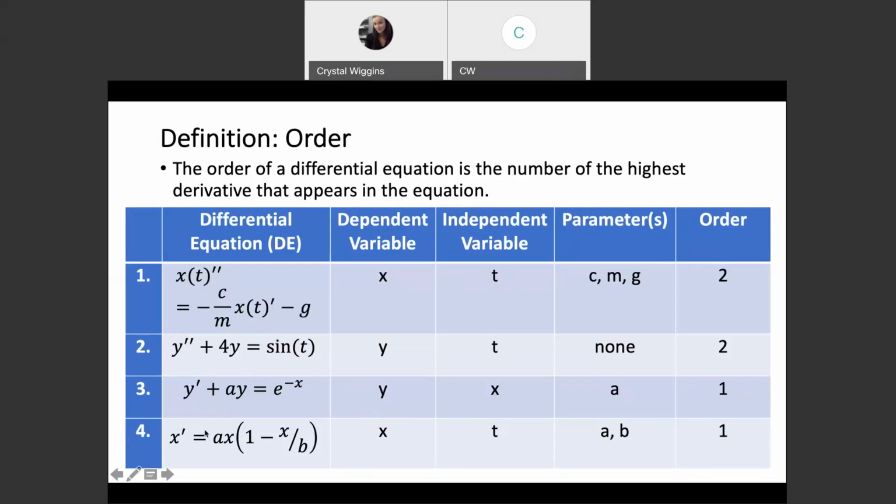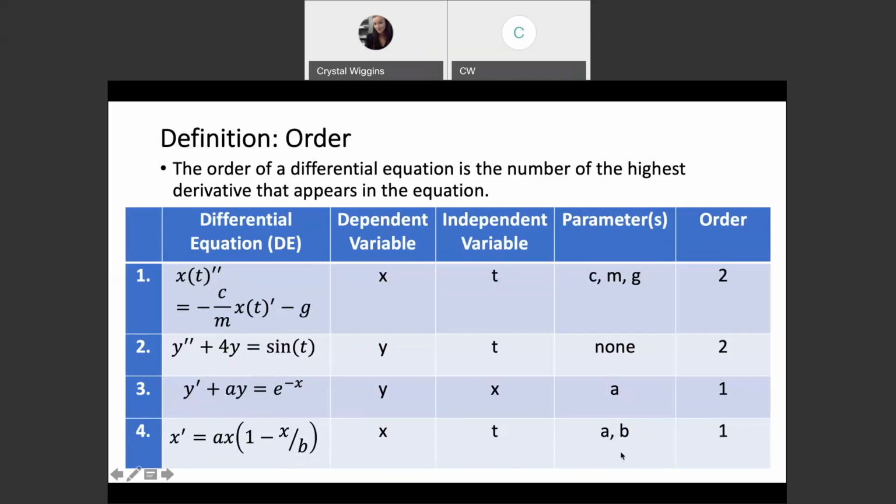In this last example, it's not as obvious. I can clearly see which one's the dependent because x has the derivative on it, so therefore x is the dependent. But there is no independent. b is a parameter, a is a parameter. Why aren't those the independent variables? That boils down to what we use in general.